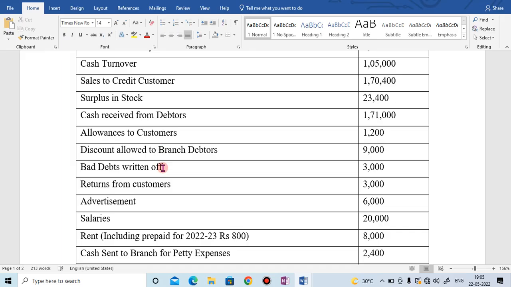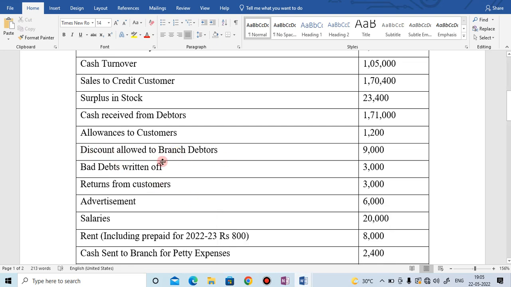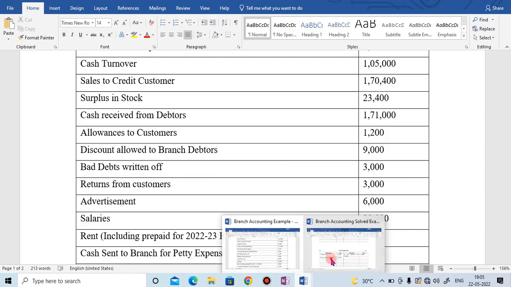So first we'll write in branch expenses account. Remember the amount: allowances to customer 1,200, discount allowed to branch debtors 9,000, bad debts written off 3,000.